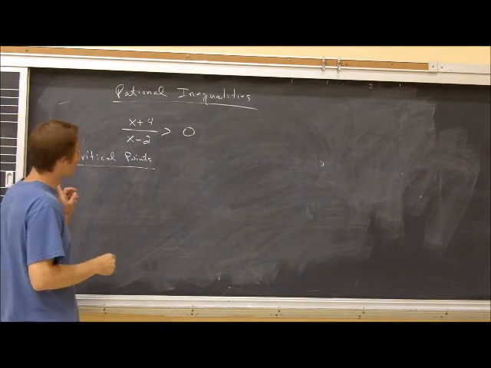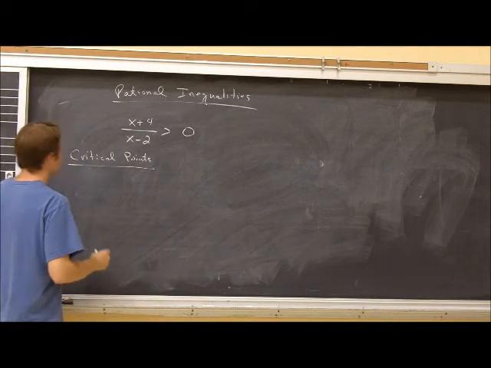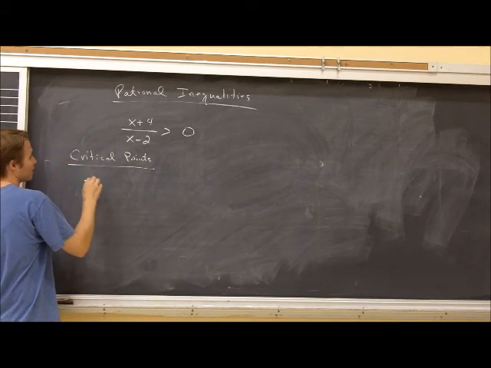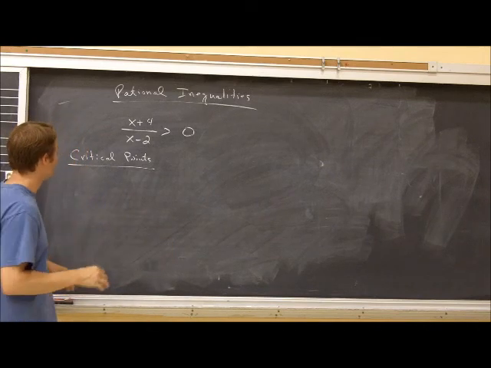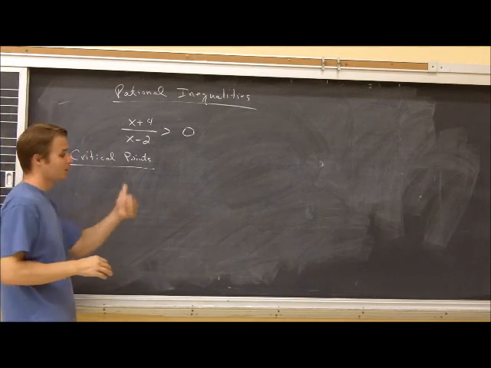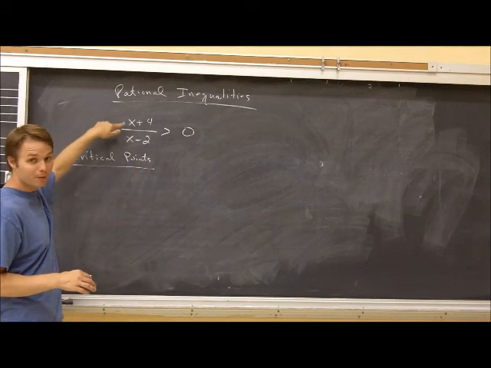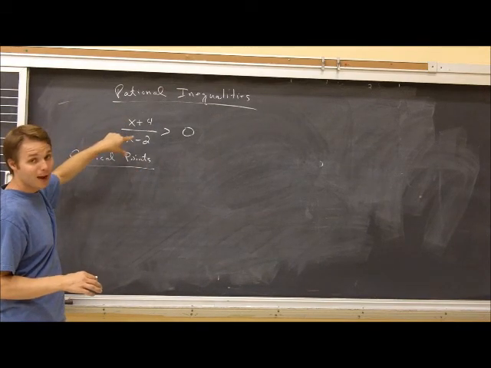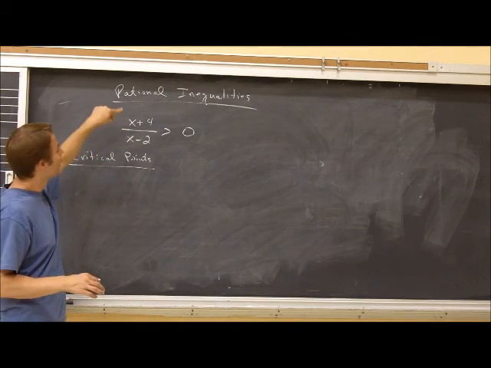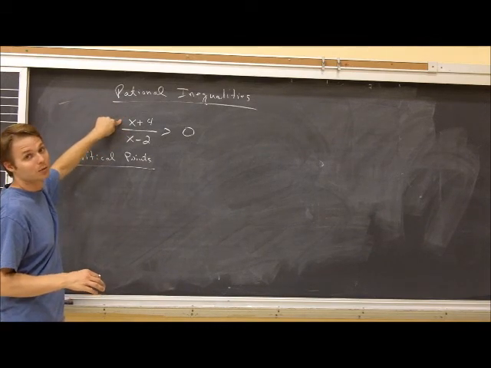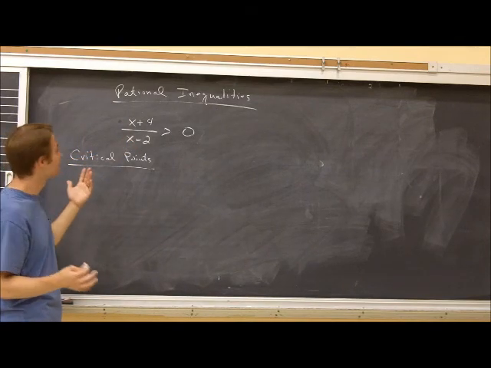The only difference is with the critical points for a rational inequality, we not only have to find where the expression is equal to 0, but also where it's undefined. So the two places we'll find critical points are, number one, where is the expression equal to 0? Well, if you think about a fraction, the only time it can be equal to 0 is if its numerator is equal to 0, right? If its denominator is equal to 0, it's undefined. It doesn't make any sense.